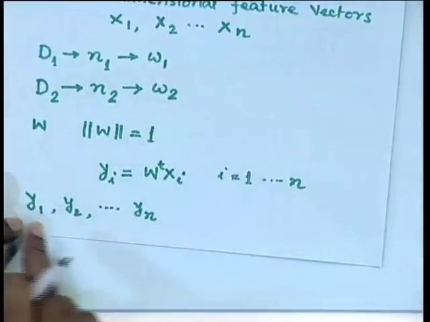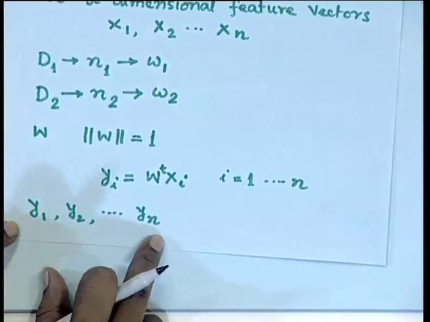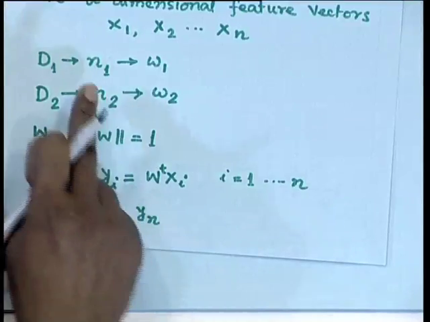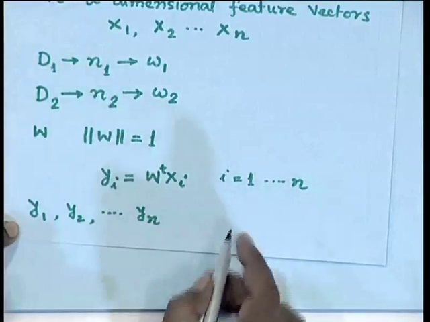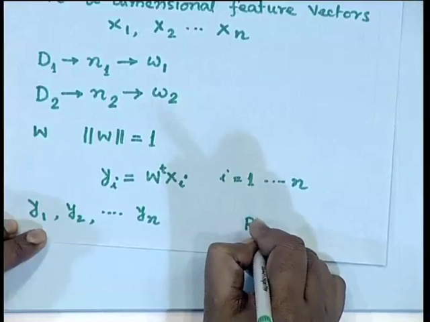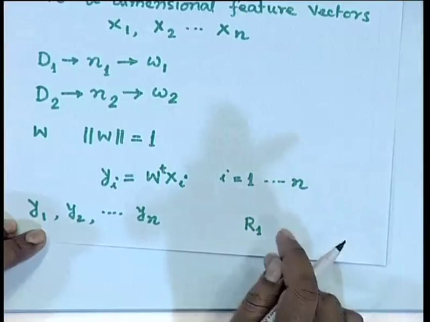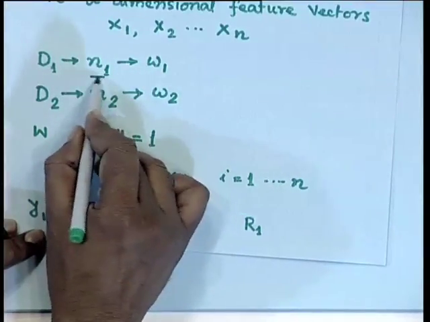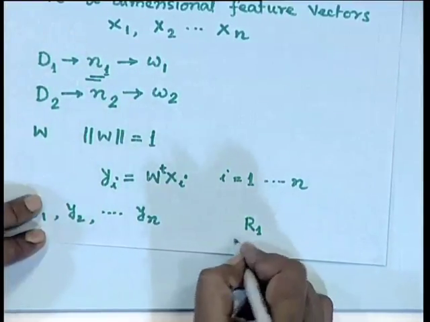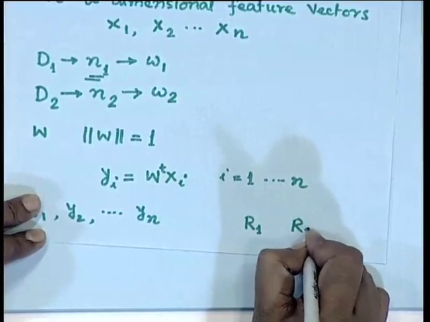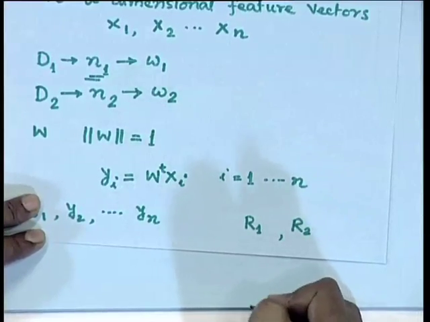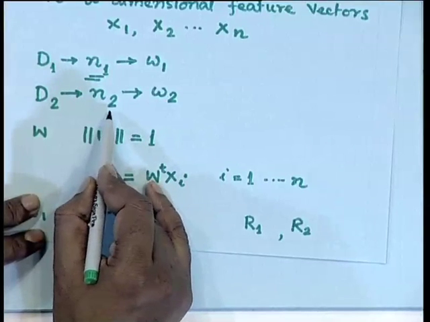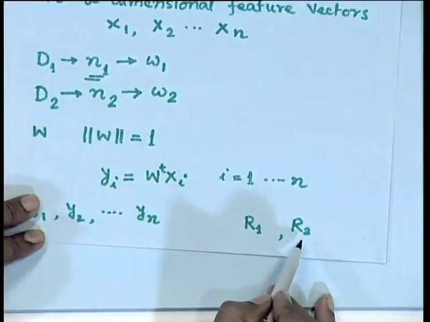When I have all these projected vectors y_1 to y_n, the projected vectors which are projections of these n_1 samples, I call that set R_1. So, this set is the projected vectors of these n_1 samples. Similarly, I say set R_2 is the set of these n_2 projected vectors.